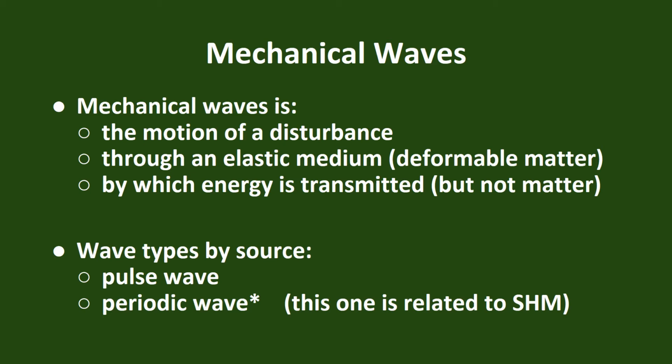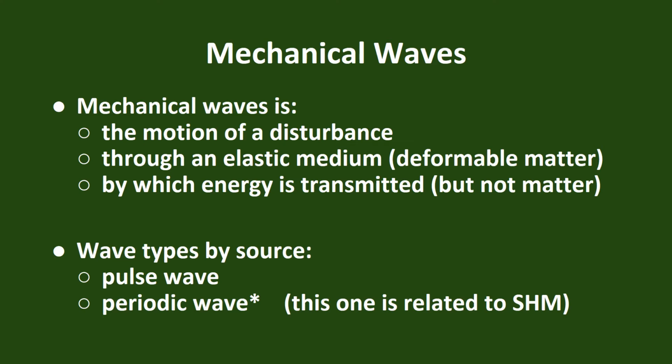And then finally, the most important element of this, because if all we were looking at was a disturbance through an elastic medium, through matter, that might be a curiosity at best, but what is really important is the fact that energy can be transmitted from one place to another through this disturbance that's traveling through an elastic medium.